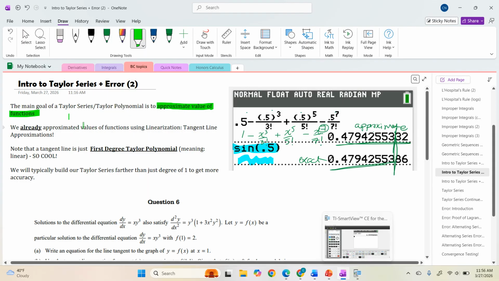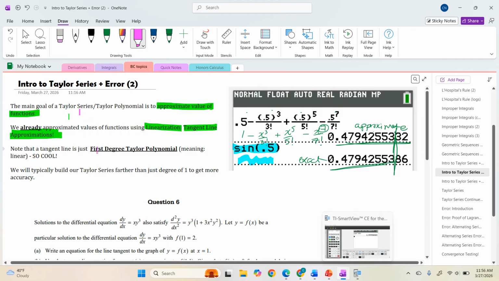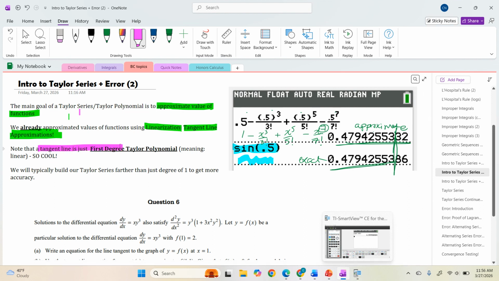So another thing I want to point out, we already have estimated function values using linearization, and that's just a fancy word again for tangent line approximations. So we've already been doing this. And another thing that we're going to talk a lot about is how a Taylor series is just a tangent line. So a tangent line is just a first degree Taylor polynomial.